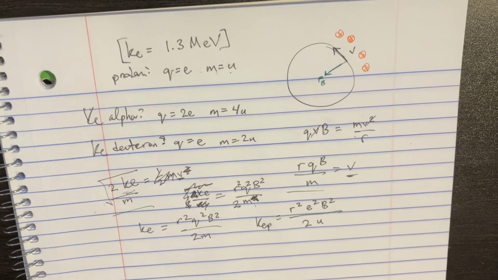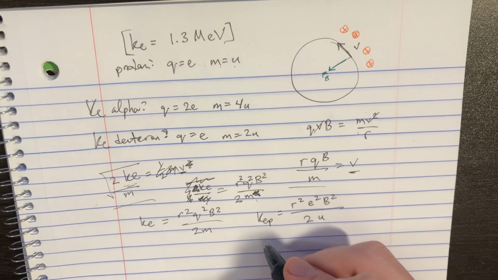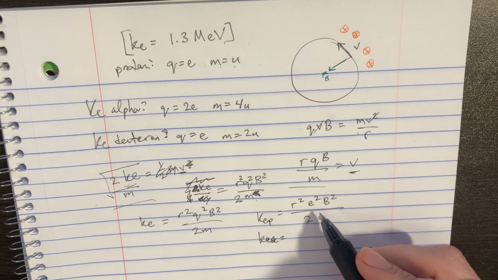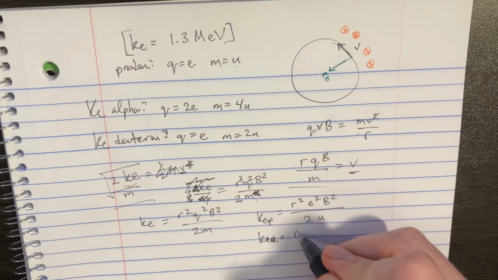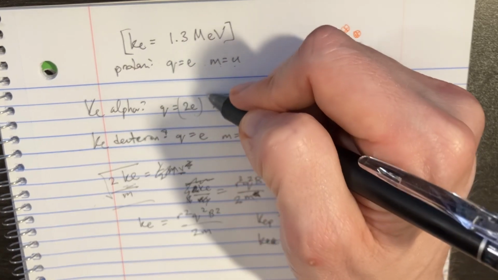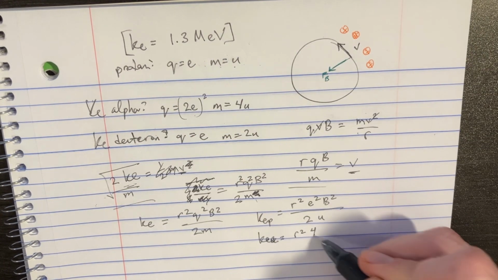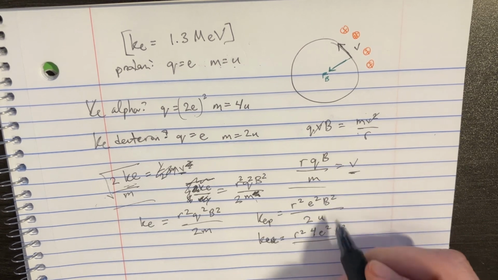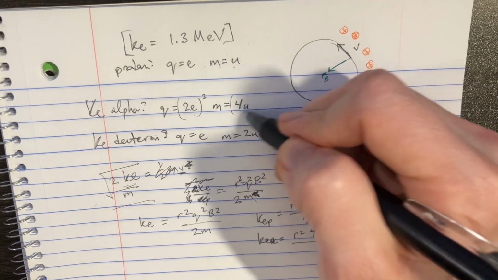That's for the proton. For the alpha particle, KE alpha, that's going to be more like r squared. Here we're going to have this squared, so it would be 4e squared, and then we'll have B squared, and then we'll divide that by the 4u on the bottom.